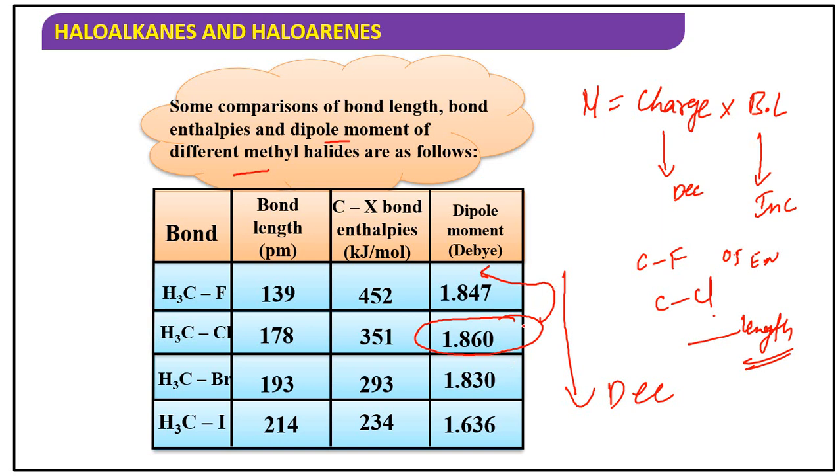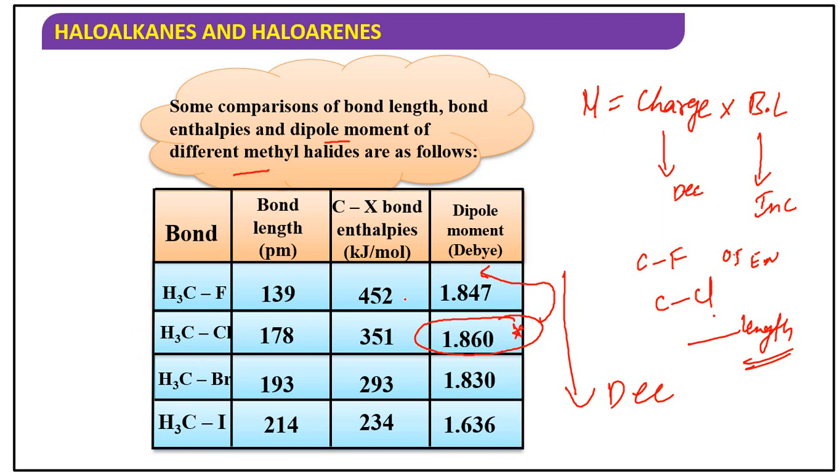Next, in the case of C-Br and C-I, obviously down the group the bond length is increasing, but the charge is so much less. That's why the dipole moment decreases down the group. The note point here is C-Cl.